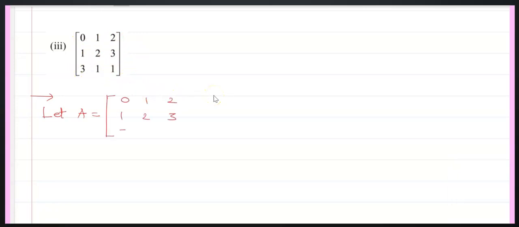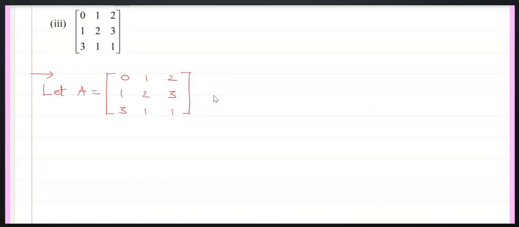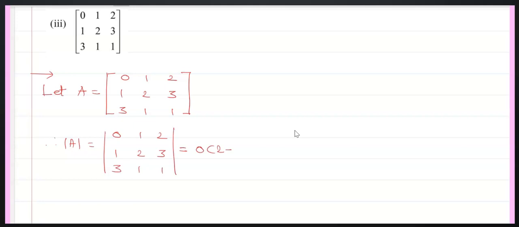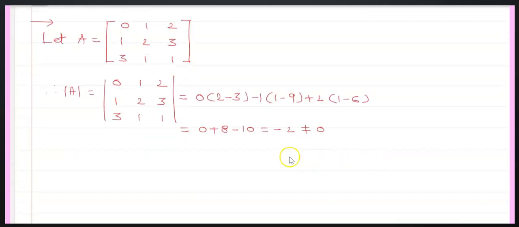By R12, determinant of A, 0, 1, 2, 1, 3, 1, 2, 3, 3, 1, 1, which is equal to 0 into 2 minus 3 minus 1, 1 minus 9 plus 2 in bracket, 1 minus 6, 0 plus 8, that is minus 10, equal to minus 2, which is not equal to 0. Therefore, A inverse exists.